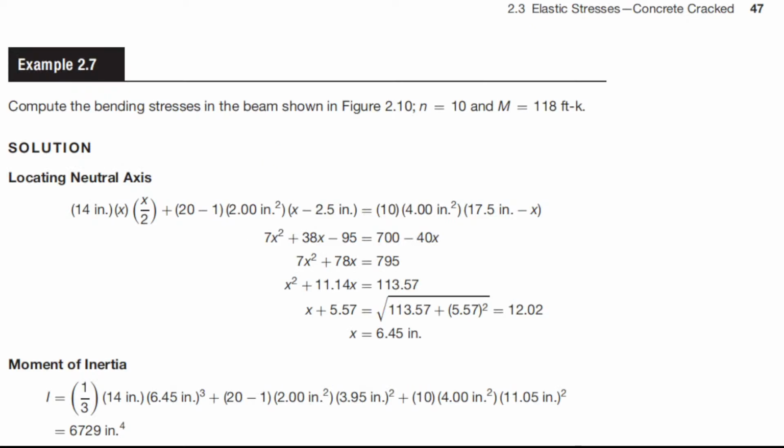Okay, so returning back to the problem, using that figure, we are being asked to compute the bending stresses, wherein n is equal to 10 and M is equal to 118 foot-kips. Solution.